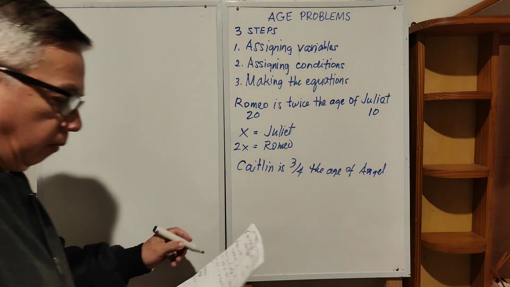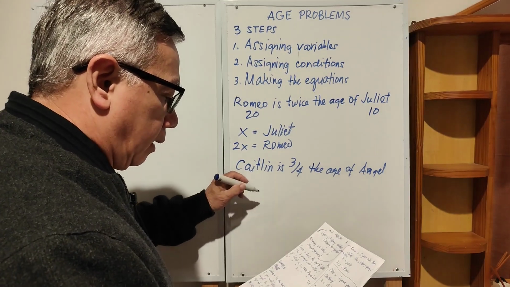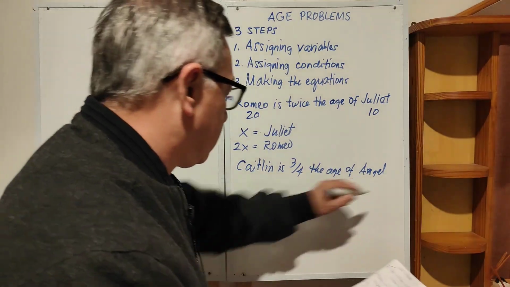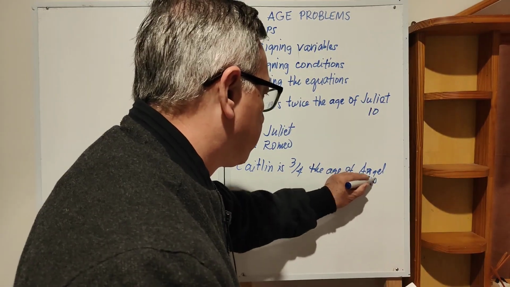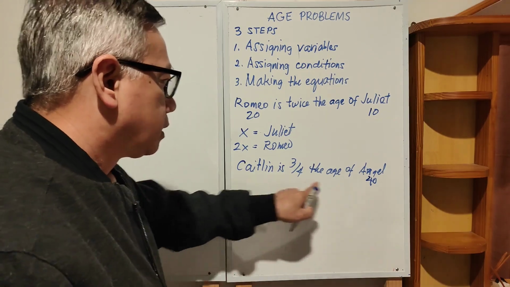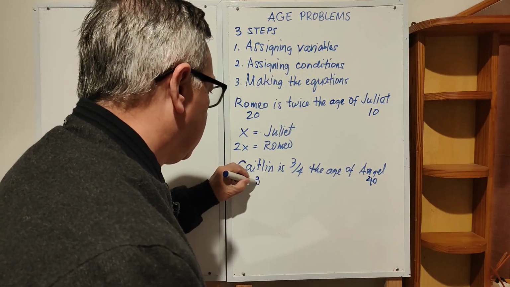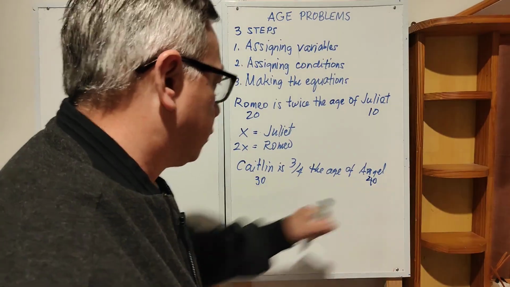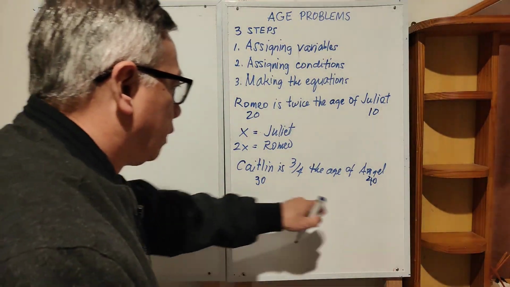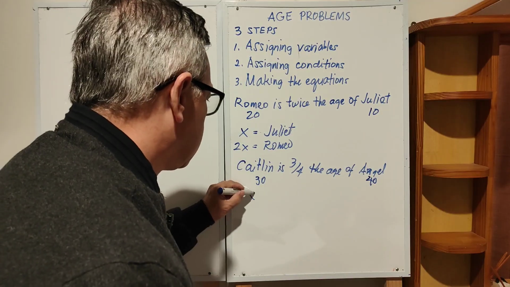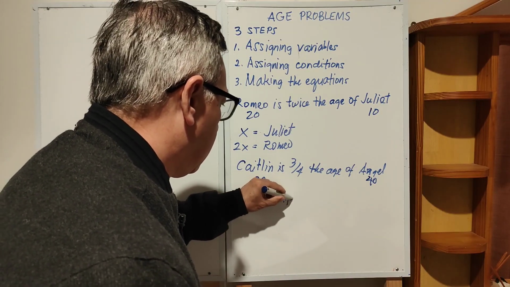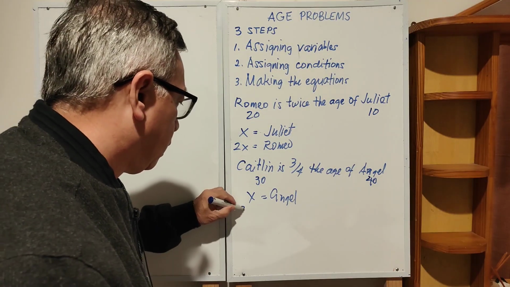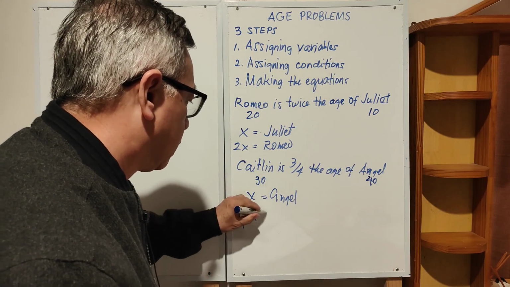So let's say Angel is 40, this is for example. So Caitlin is 3/4, so Caitlin will be 30. So this is 3/4 of 40. Now, for example, if Angel is X, then Caitlin would be 3/4 times X.